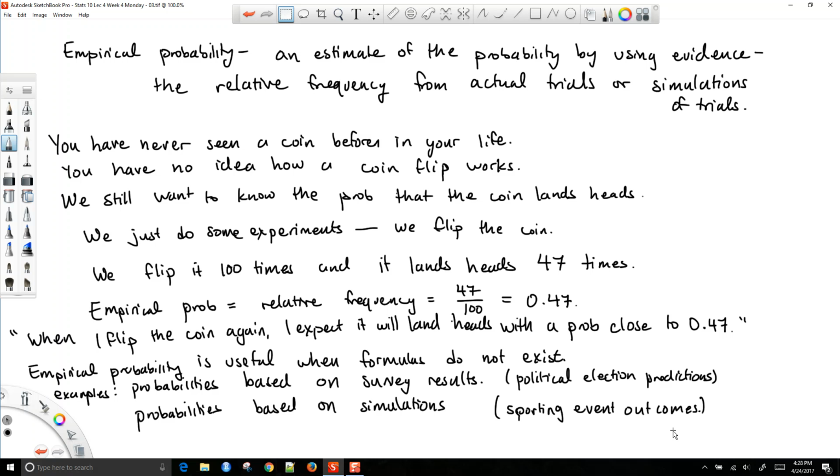So this is empirical probability. It's very useful, especially when the systems are complex and we don't have mathematical models for everything.